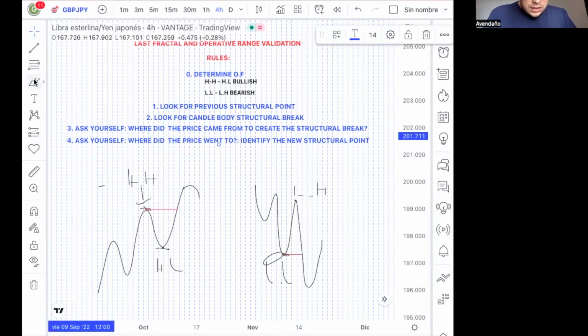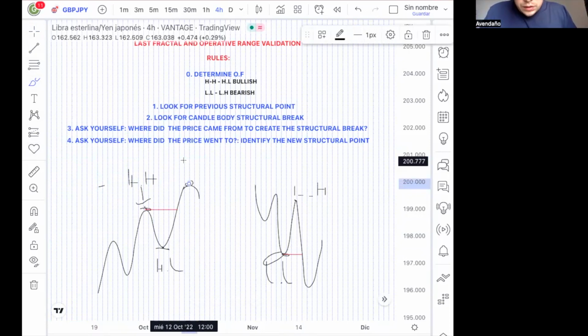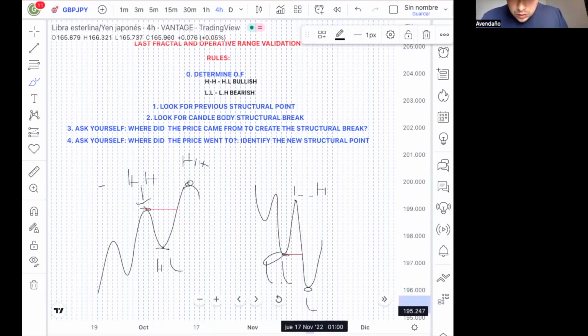When the break was created, where did the price go to? The new structural point, the new higher high. And where did the price go to when the break was made? It went to this new point, this new lower low.